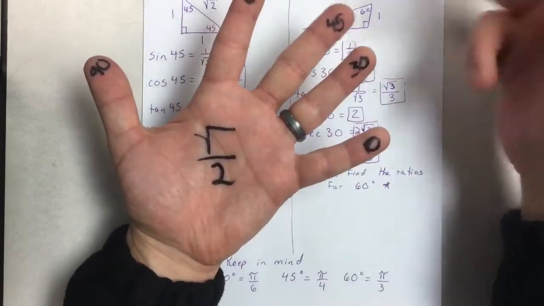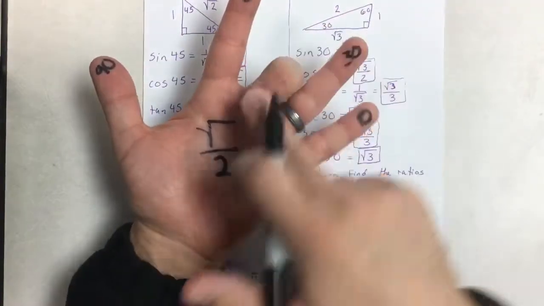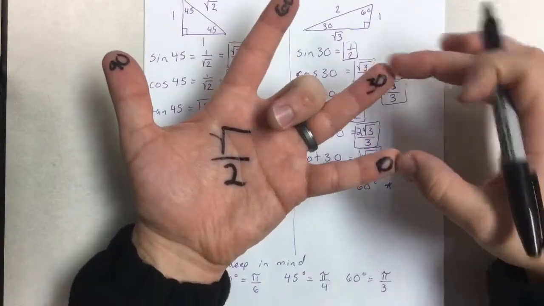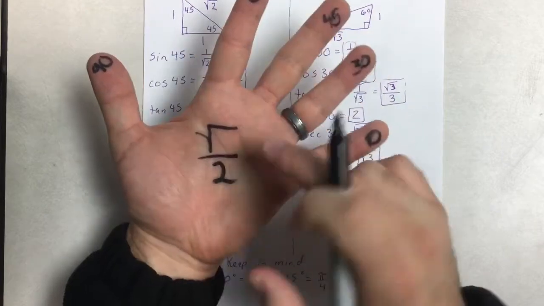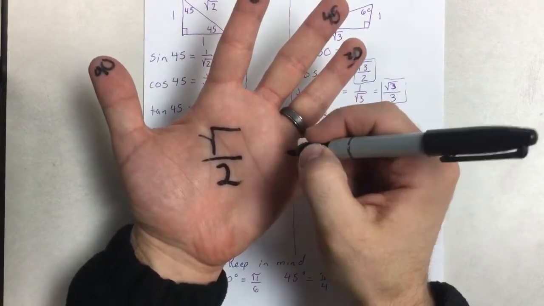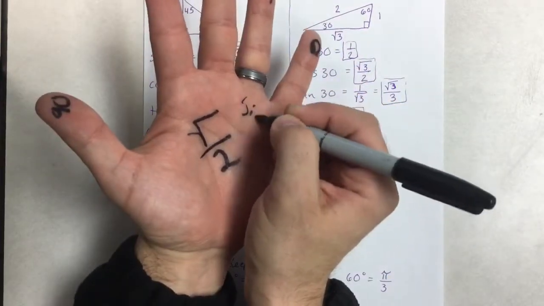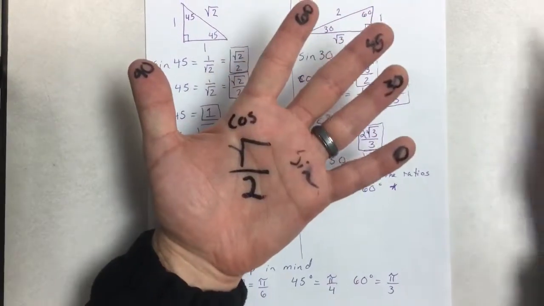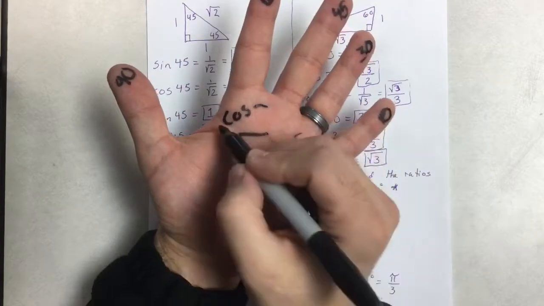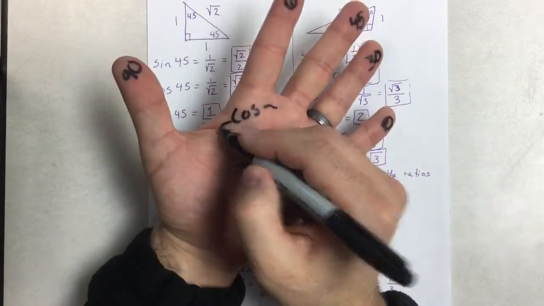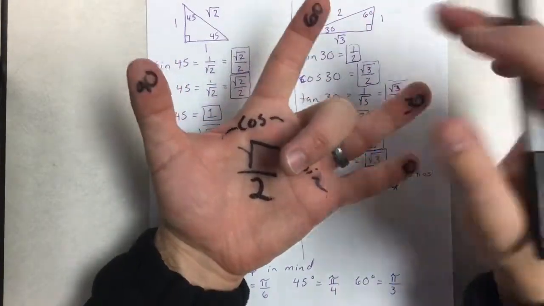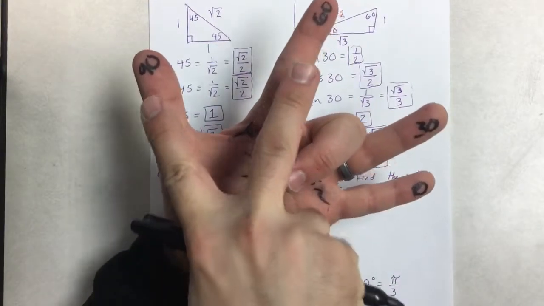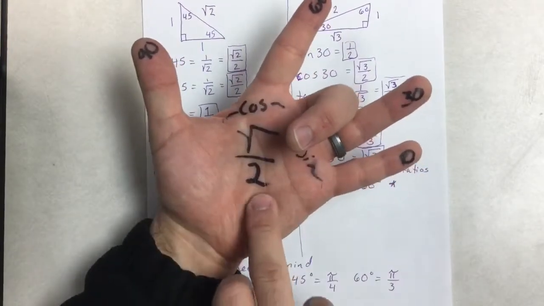So according to this, the sine of 45 is square root of 2 divided by 2. So where sine's the lower half, cosine's the upper half. So if I want the cosine of 45, cosine of 45, square root of 2 over 2.